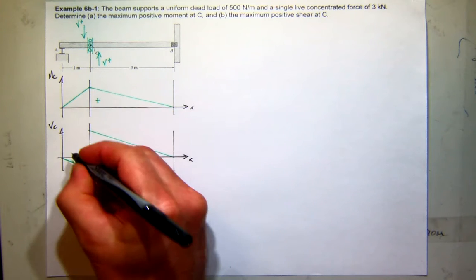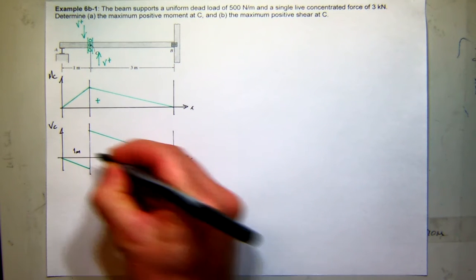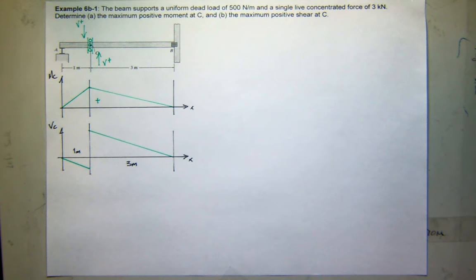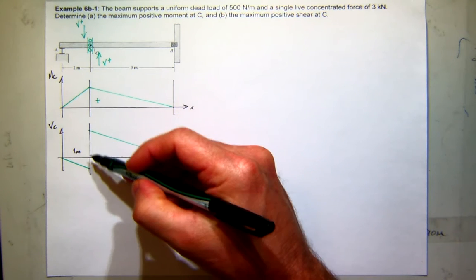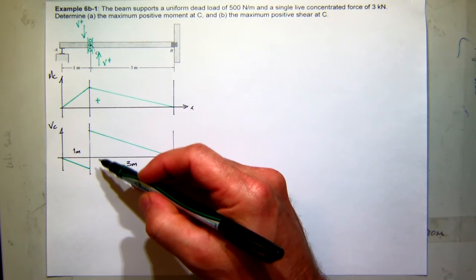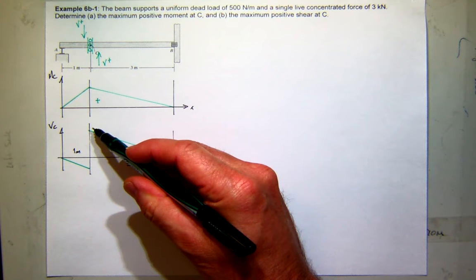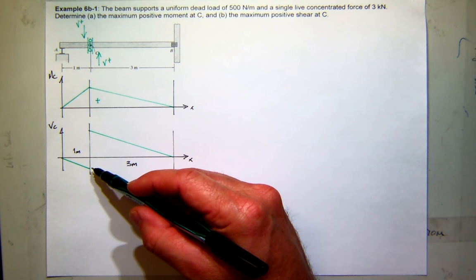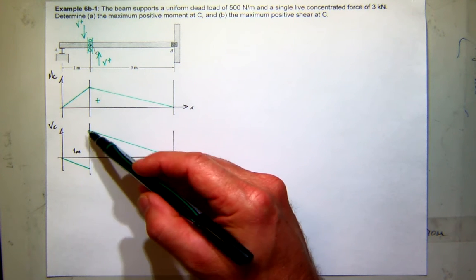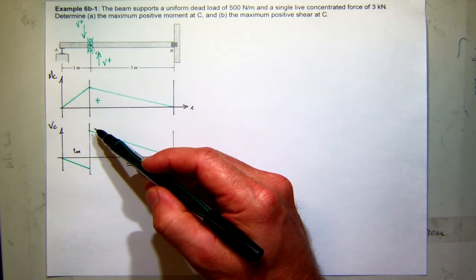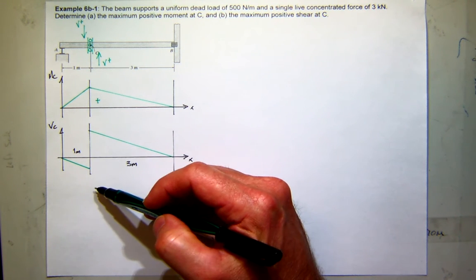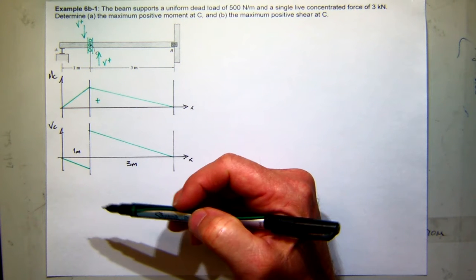Now remember, this is 1 meter, and this is 3 meters. So what does that tell me about these values here of the triangles? Well, it tells me that this value is 3 times bigger than this value. So if this is 3 times bigger than this, then this is going to be probably 3/4 and 1/4. You see that?